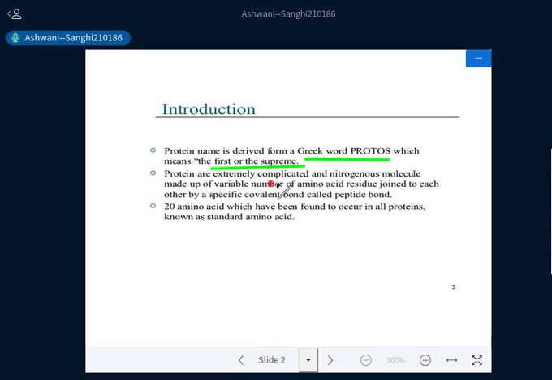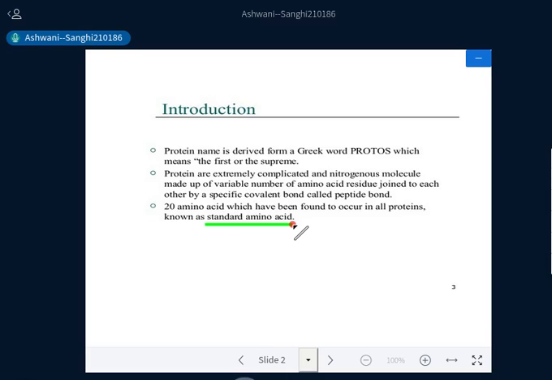Proteins are extremely complicated nitrogenous molecules made up of variable numbers of amino acid residues joined to each other by a specific covalent bond called the peptide bond. For synthesis of proteins, 20 amino acids which are found in all proteins are known as standard amino acids.